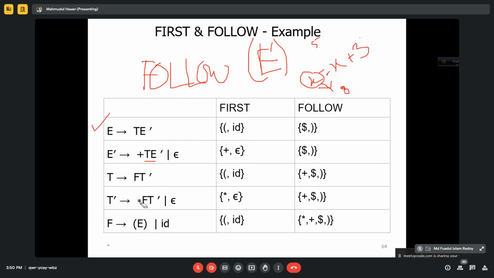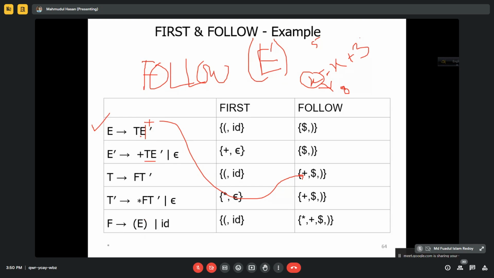Okay, so now replace this E dash with the first value. At first, the first value is plus. That is T plus. So what is the follow of T? That is plus. So at first put plus. No problem.